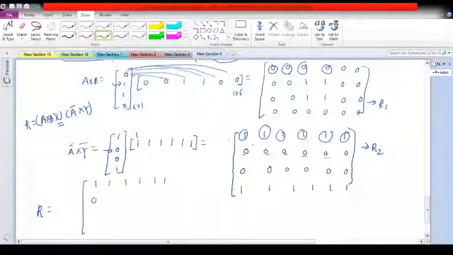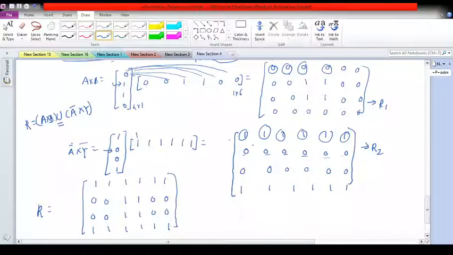Next will be 0 0, then 1 1, then next 0 0. Next will be 0 0 1 1 0 0. The next will be 1 1 1 1 1 1. So this is the resultant R matrix. Okay, these are all in classical set theory.